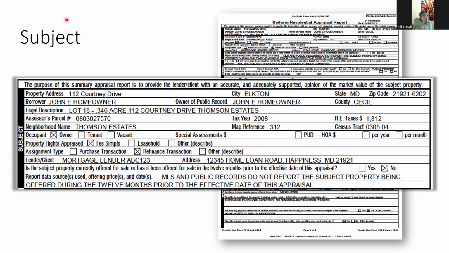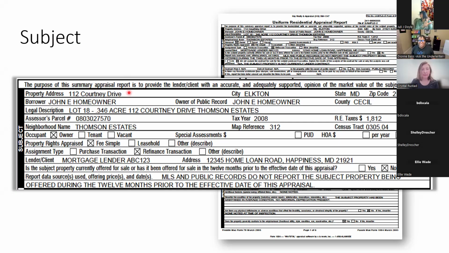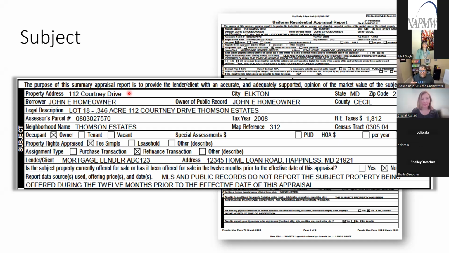Believe it or not, the most important thing that you want to make sure of when you review that appraisal is that it's actually for the property that you need. I wish I could tell you that underwriters have never made this mistake, but it's just not true. When you're in a hurry, when you're rushing, what are you doing? Look at all these lines. You're skimming, right?